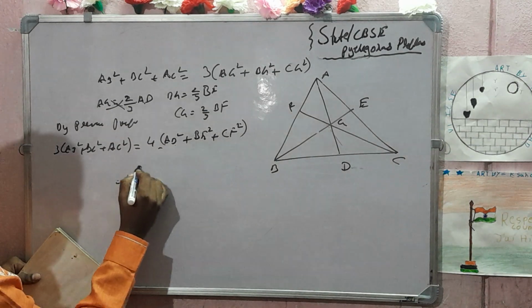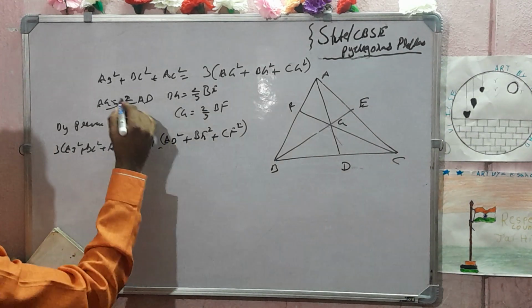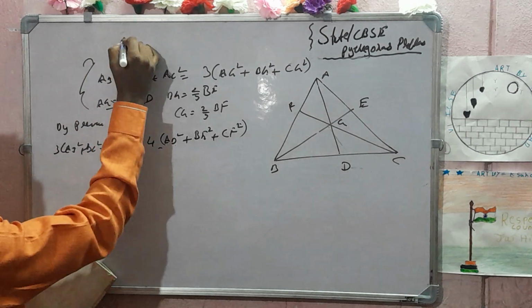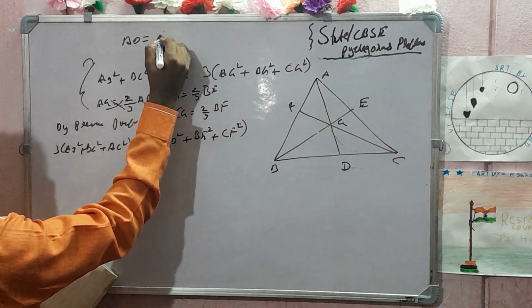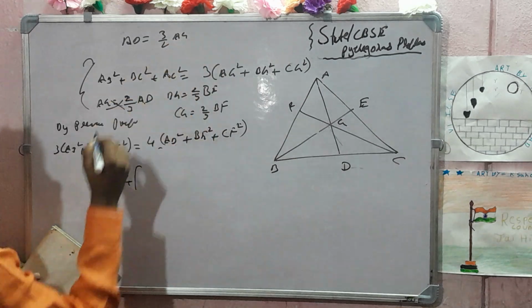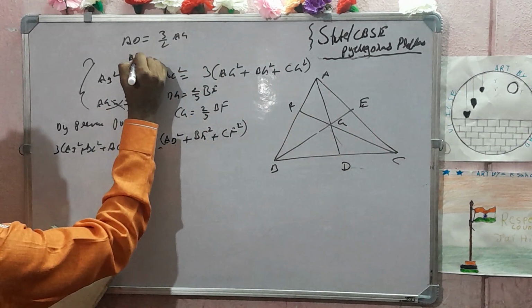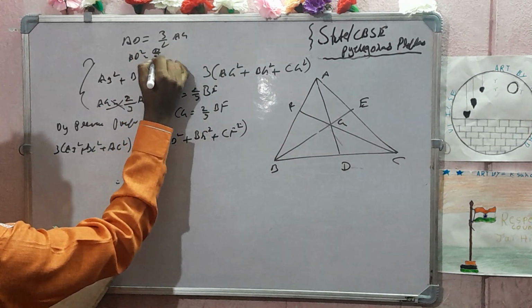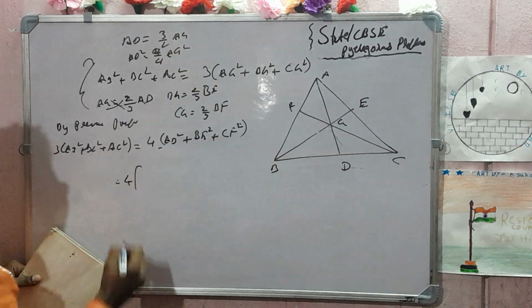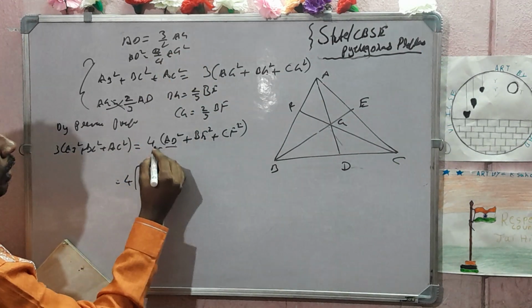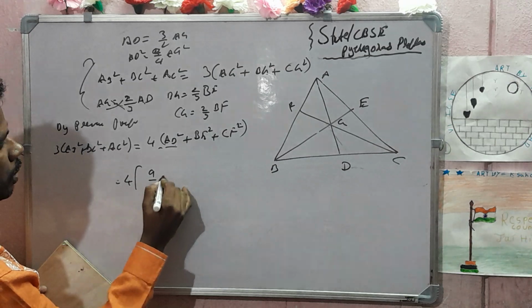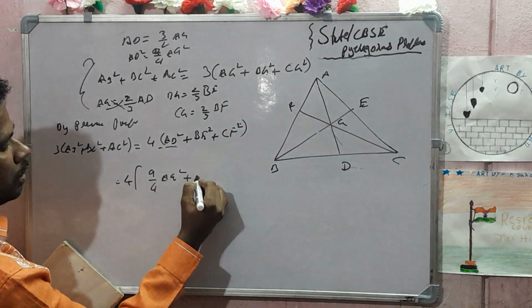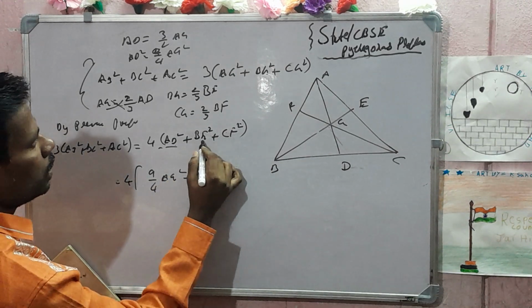Therefore, it is equal to 4 times AD square. AD is equal to what? 3 by 2 AG. Right? AD square is equal to 9 by 4 AG square. So I am writing 4 into 9 by 4 AG square directly, plus 9 by 4 BE square.